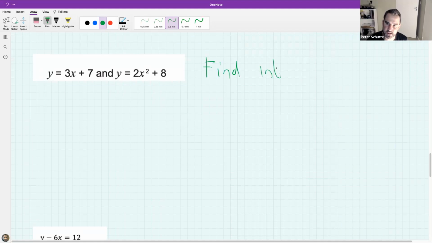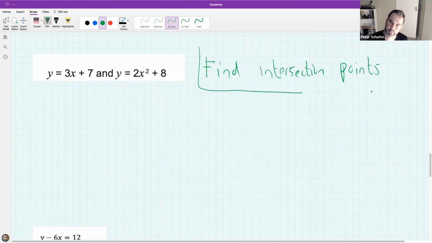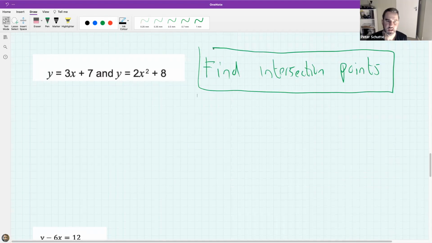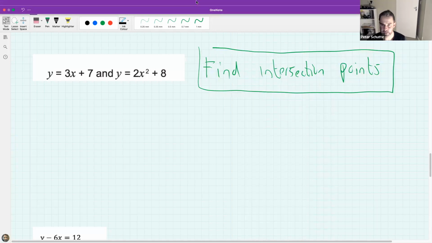So find intersection points for these two graphs. I want you to do it by yourself and then pop the answer in the chat. However, if you get stuck or you're feeling lost, then pop that hand up or pop a message, and me or Label will come and assist you.